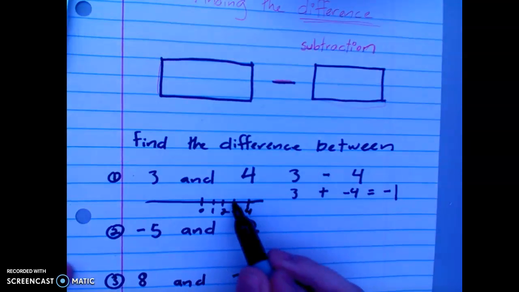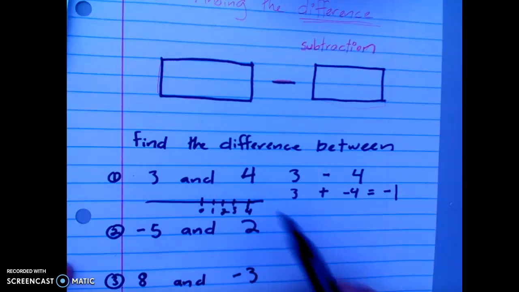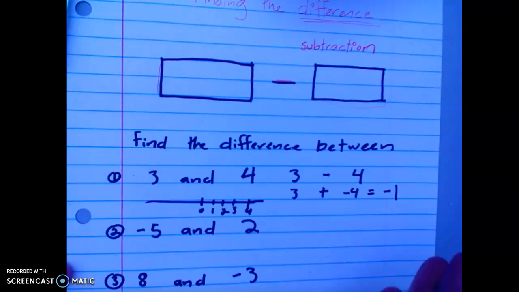So the difference between here and here is 1. And to go in this direction would be negative. Okay, so perfect. The difference can also be thought of as the distance between them on a number line. Awesome. Let's try another one.